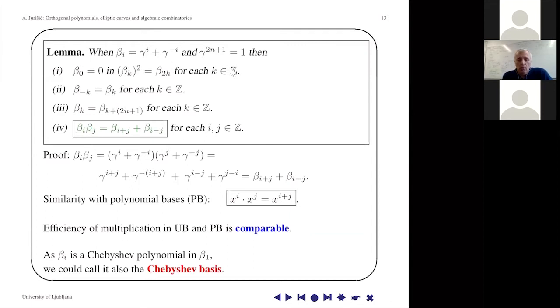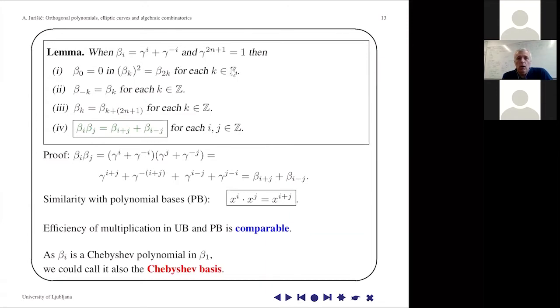Okay, and then I have a little bit of symmetry in the second and third item. But this third one was the most important, that beta i times beta j is actually beta i plus j plus beta i minus j. And here I could put absolute value, but it doesn't matter because of this second property. And of course, this is an easy multiplication, so there is not much to do.